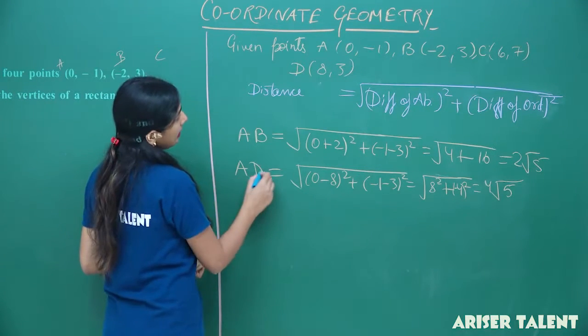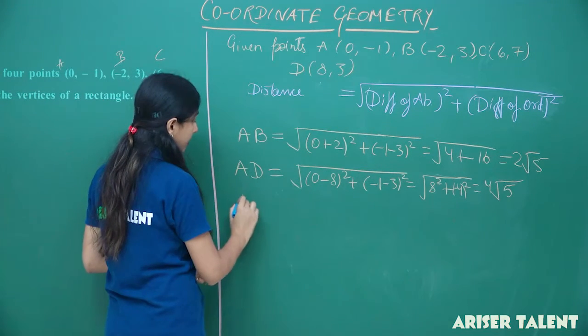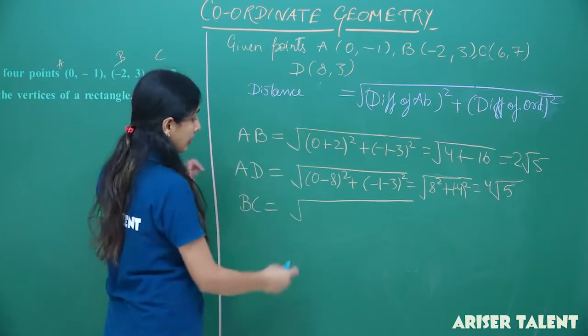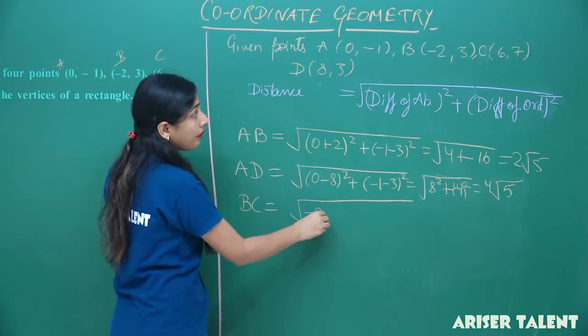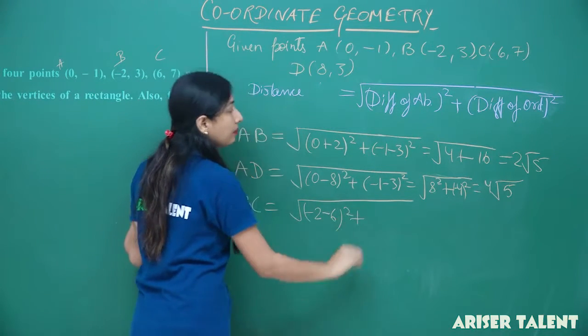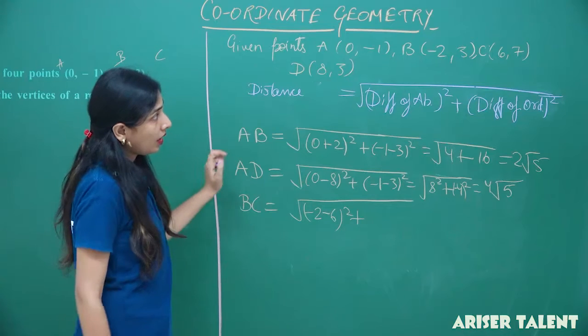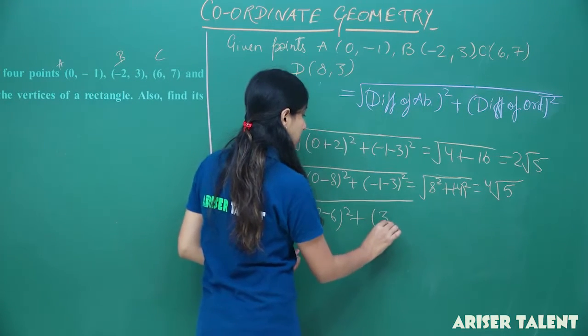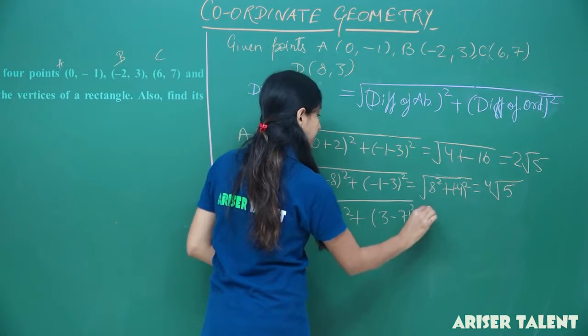Now if you talk about BC, that will be B and C: minus 2 minus 6 squared plus 3 minus 7 squared.